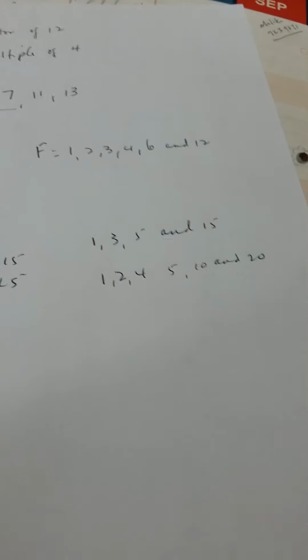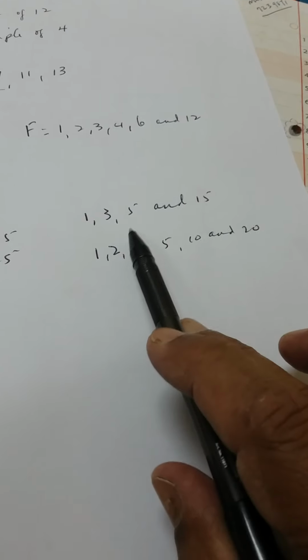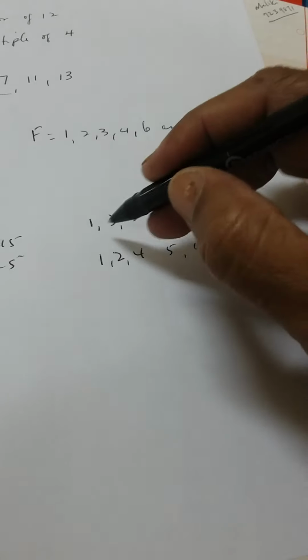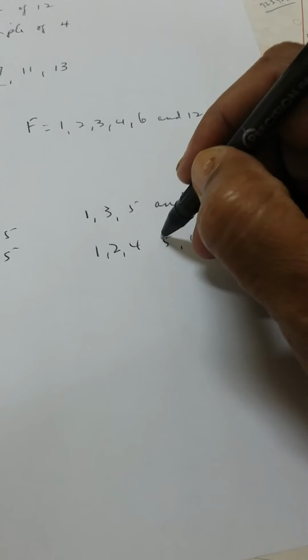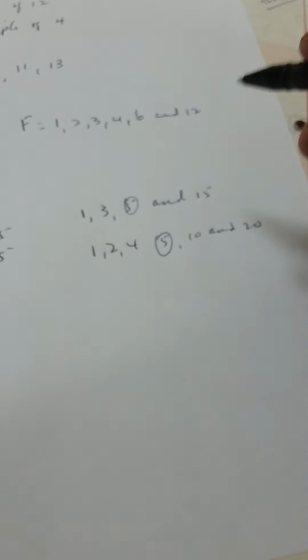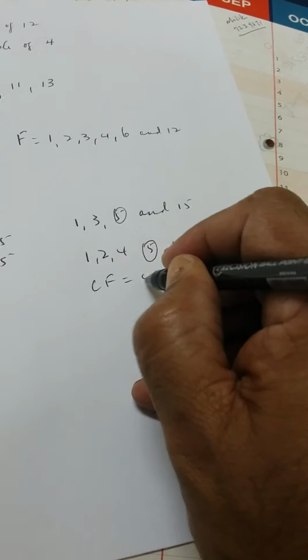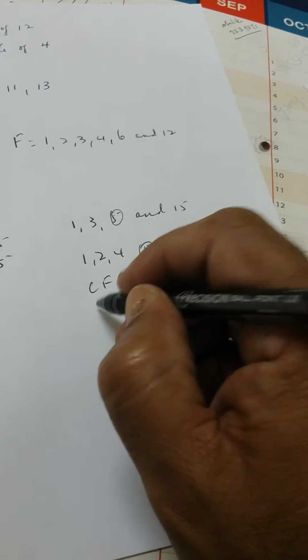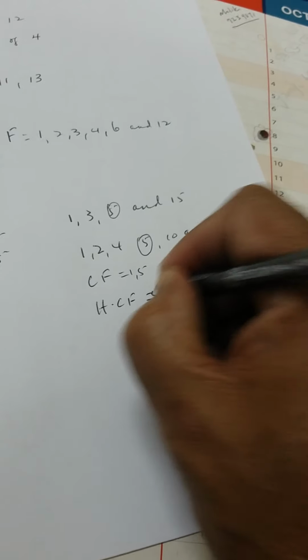And then we have to find the common factor. What is common here? We have 1, we have 5. 5 is common, and 5 is also the highest common. So the common factors are 1 and 5, but the highest common factor is 5.